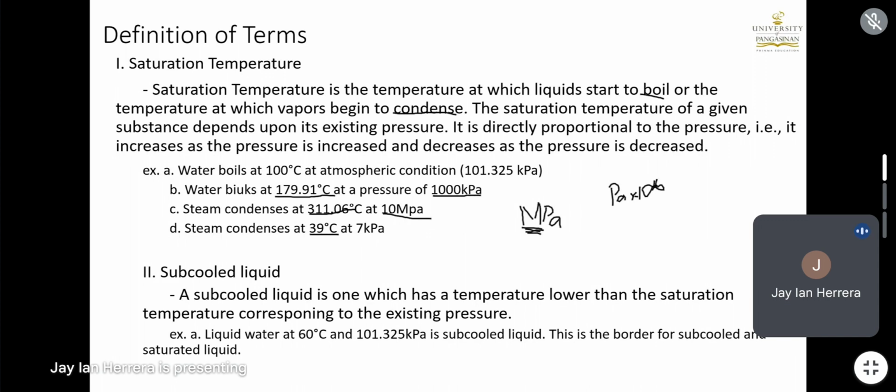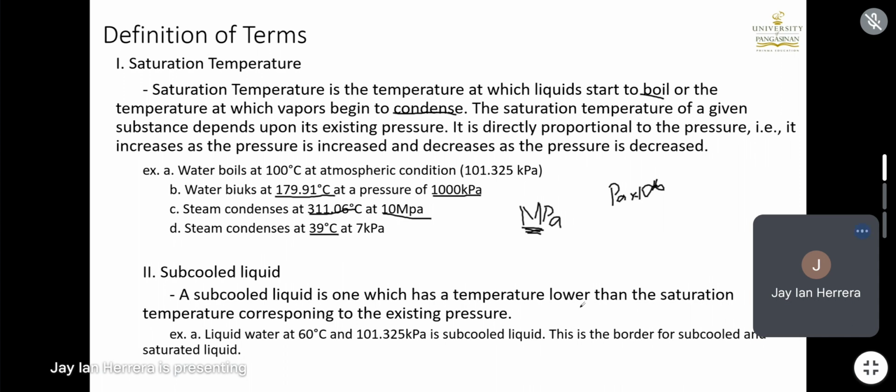Steam tables. In our steam table, you can find the properties of steam and properties of water given this pressure and temperature.